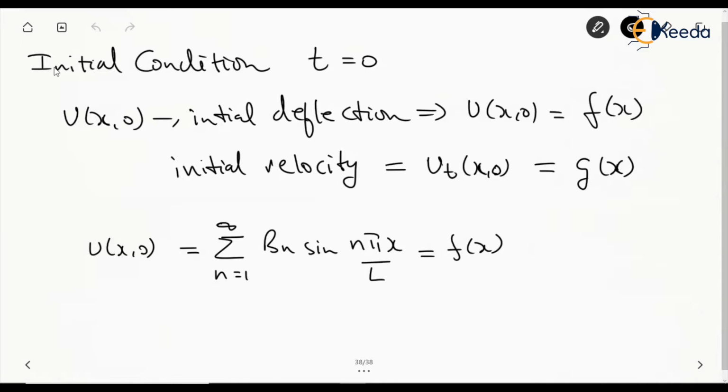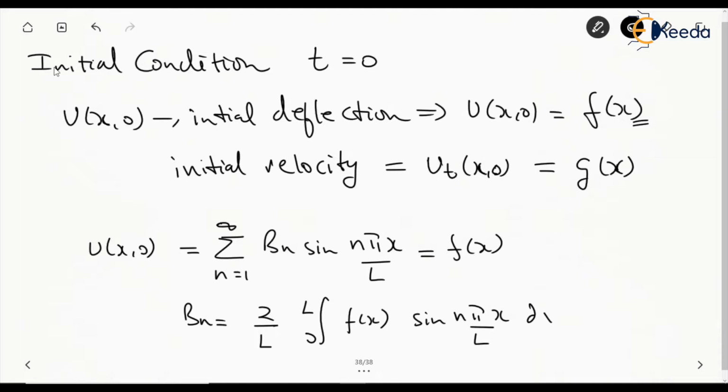So that is nothing but b_n into sin(n pi x by L), and this is actually nothing but f of x. So from here, this is going to be Fourier series format, and we will get this b_n is equal to 2 by L integration from 0 to L f of x sin(n pi x by L) dx.